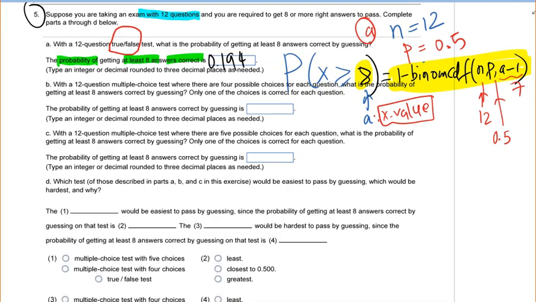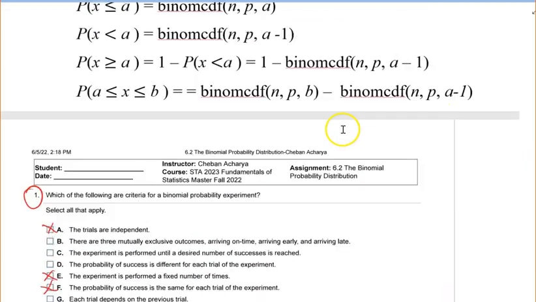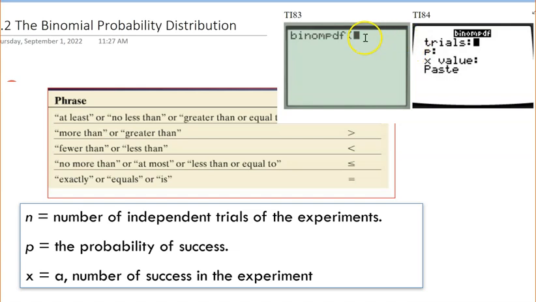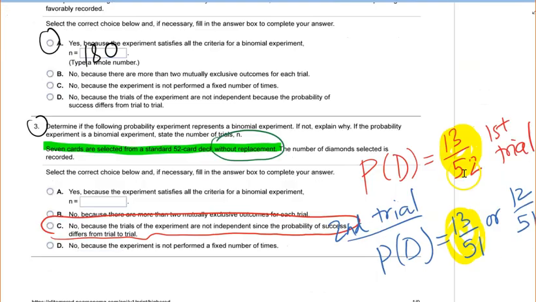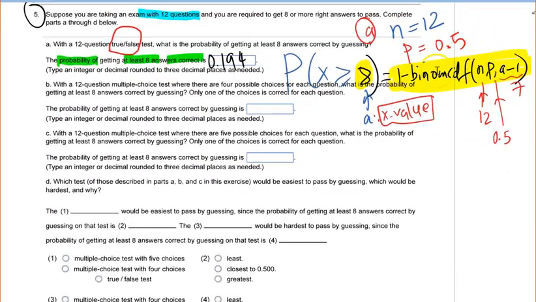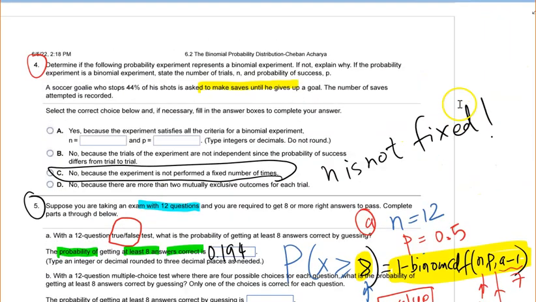Some calculators have a window rather than typing the function directly. In that case, you do 1 minus, and this window shows up. Number of trials, you put 12, p value 0.5, x value 7, and do paste and enter. You get exactly the same answer. So it depends on the calculator.